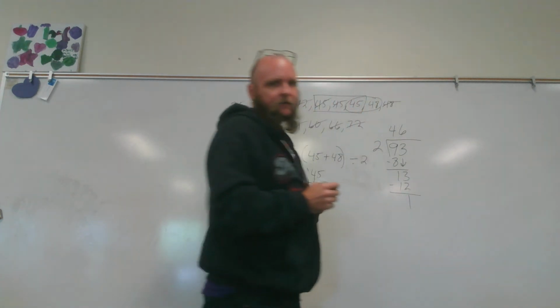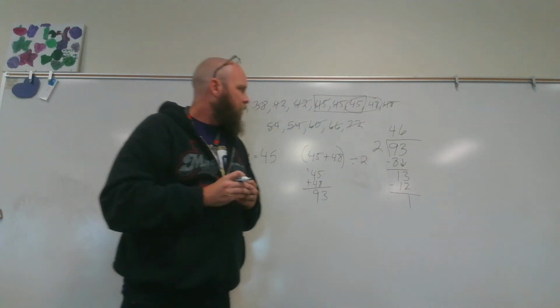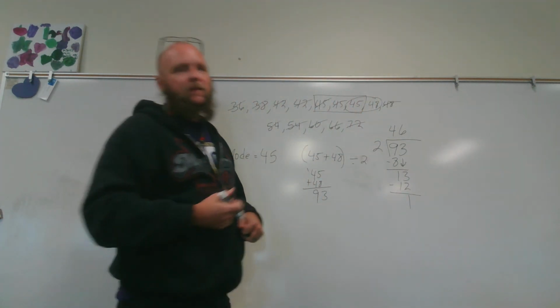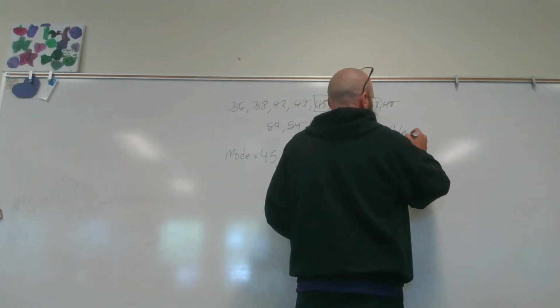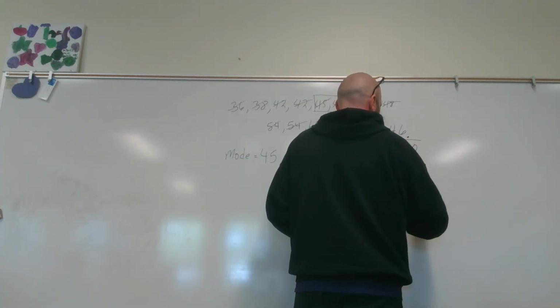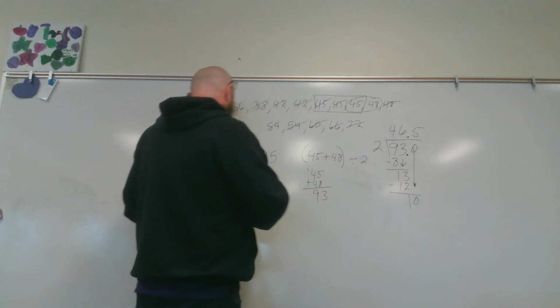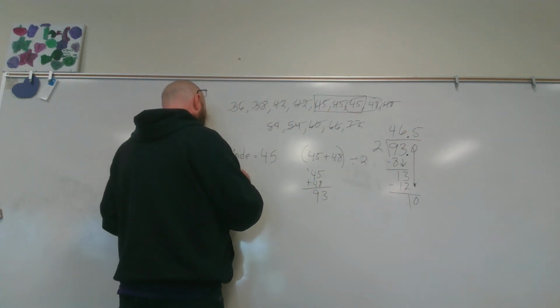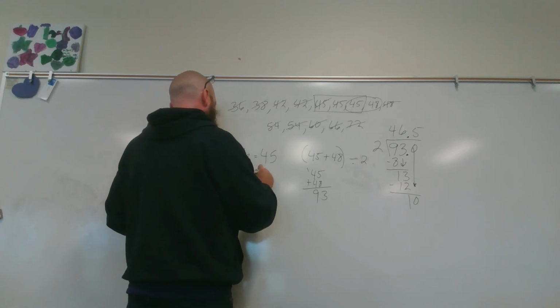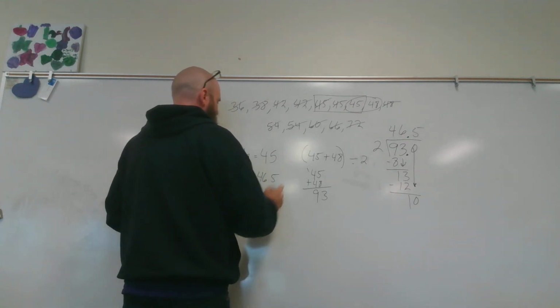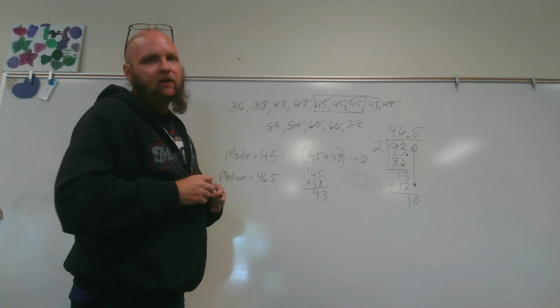Oh, we're going to have a remainder. No, we're not going to have a remainder. We put our decimal point down. Add a 0. So it's 46 and 5/10. So our median is 46 and 5/10.